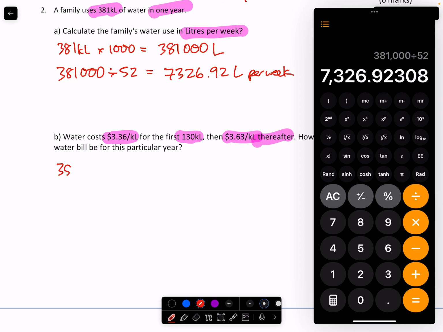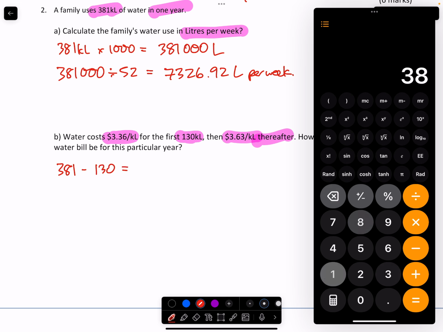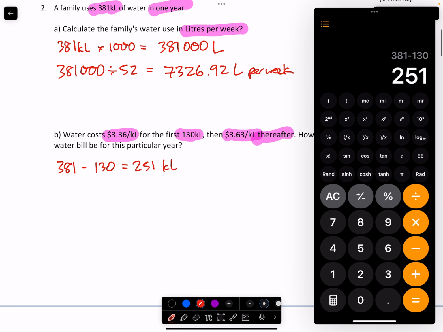So how much was used thereafter? 381, take 130 is equal to 251 kiloliters after. So what are the costs going to be? First 130 kiloliters is going to be 130 times by 3.36.